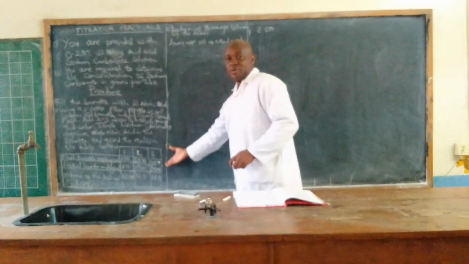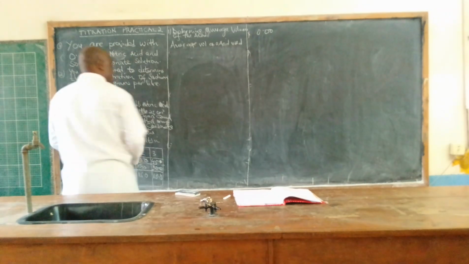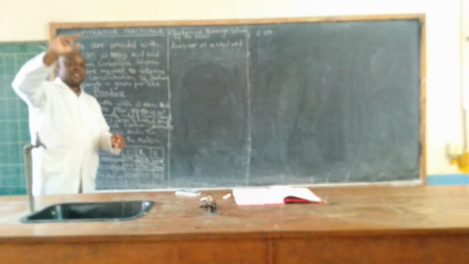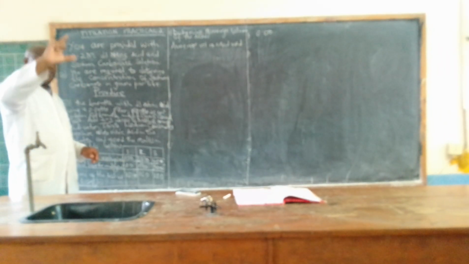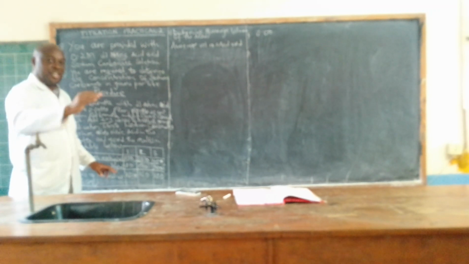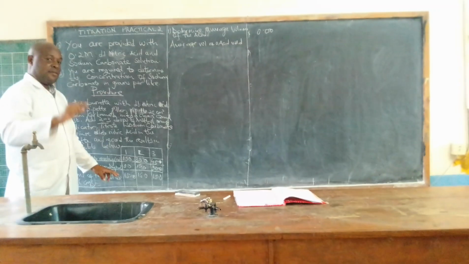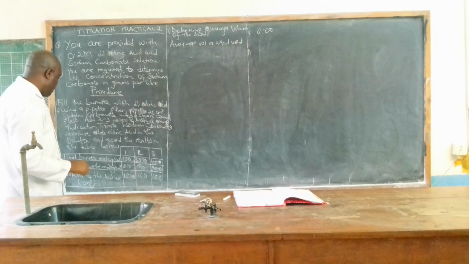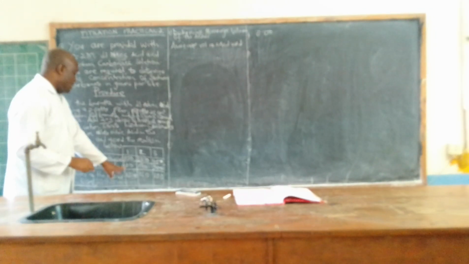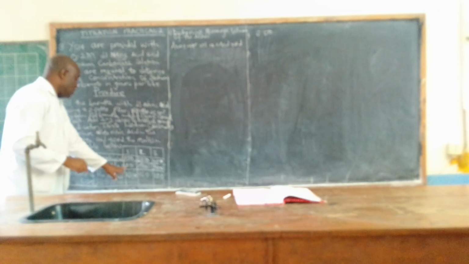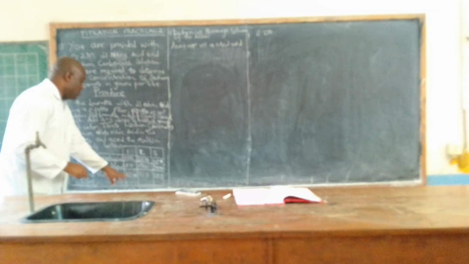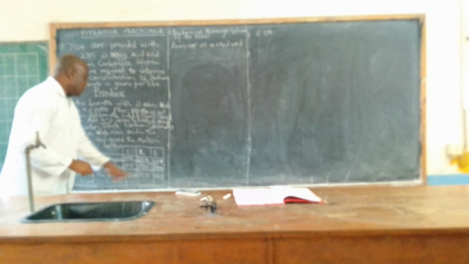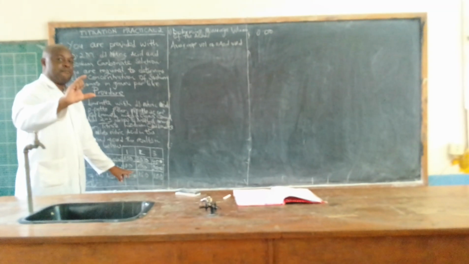So now this is the table. Let us assume we have filled the burette up to the 0 mark. We have titrated, and it has changed at the 15 mark, so we record 15 as the final burette reading, and the initial we record 0.0. On the second titration, we start at the 15 mark.